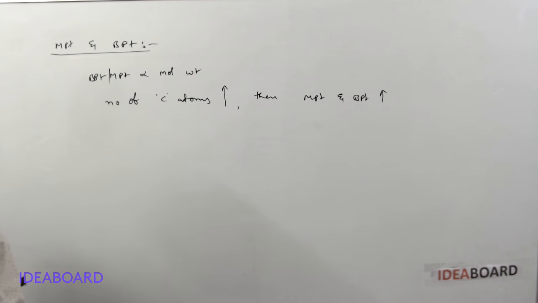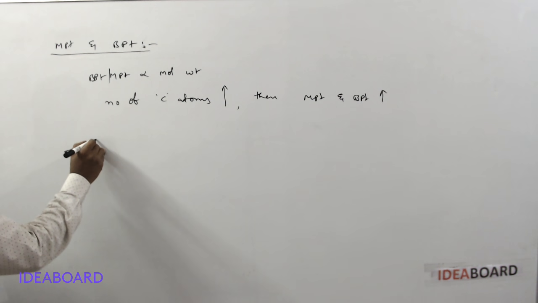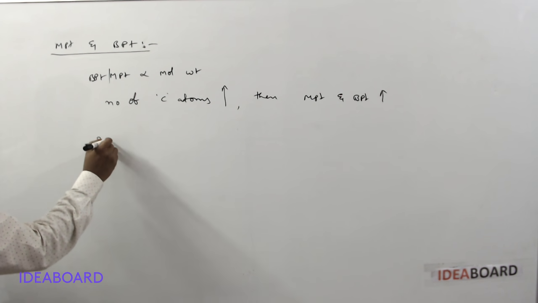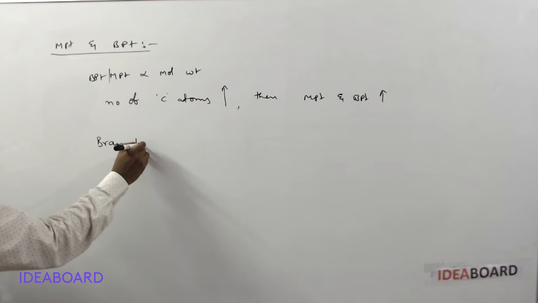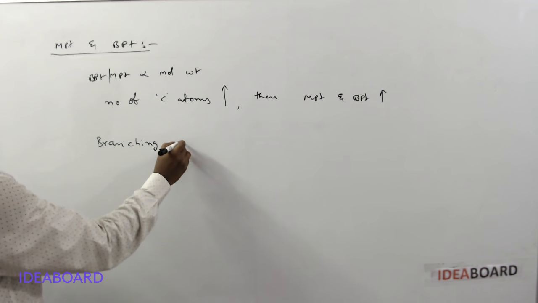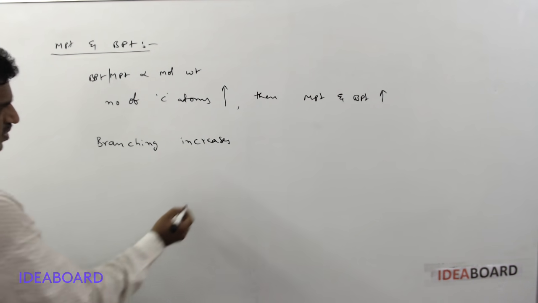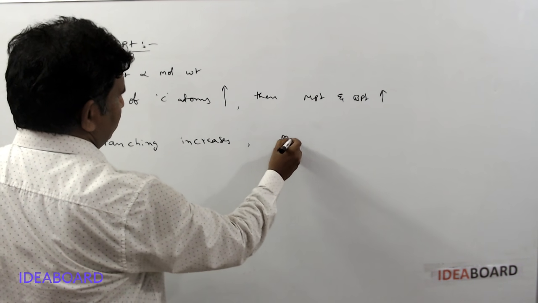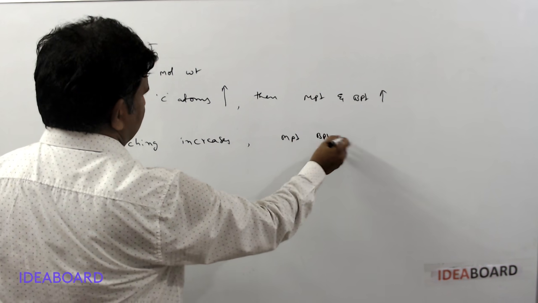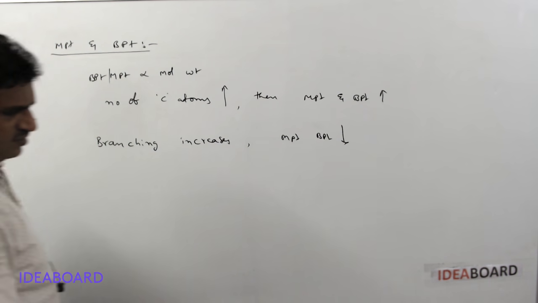Next, if branching increases, the melting points and the boiling points generally decrease.